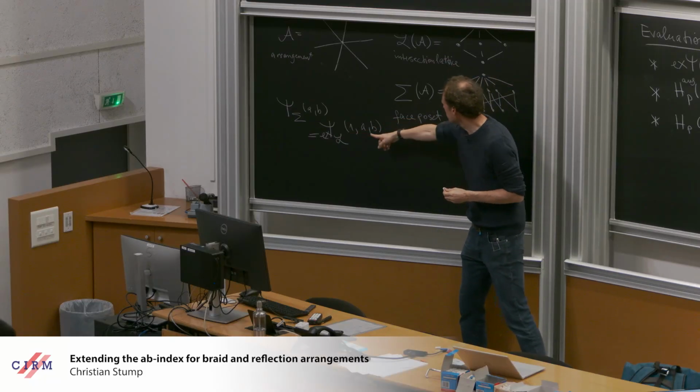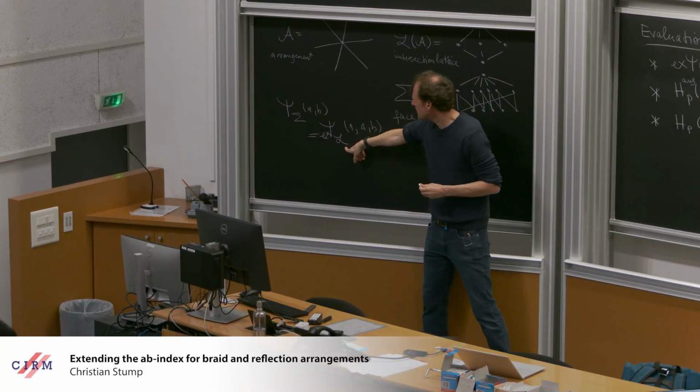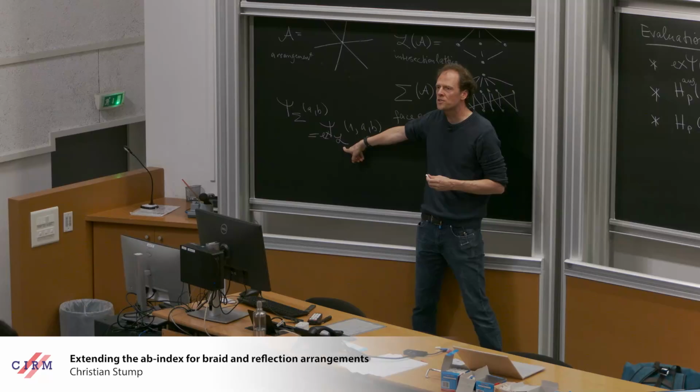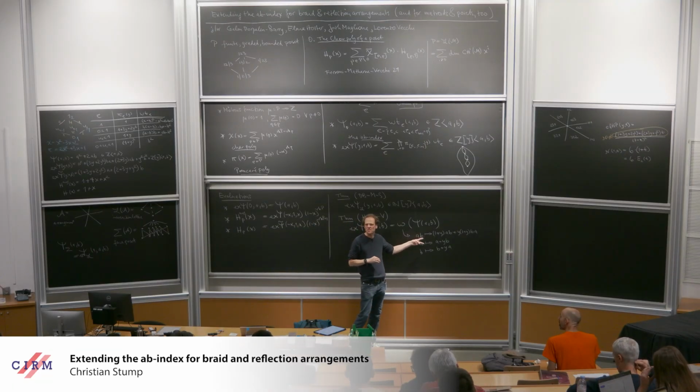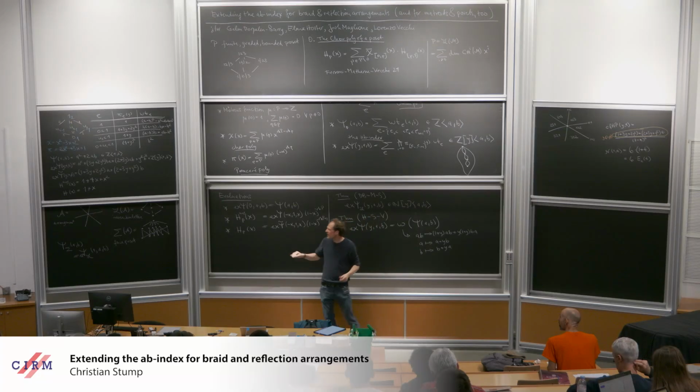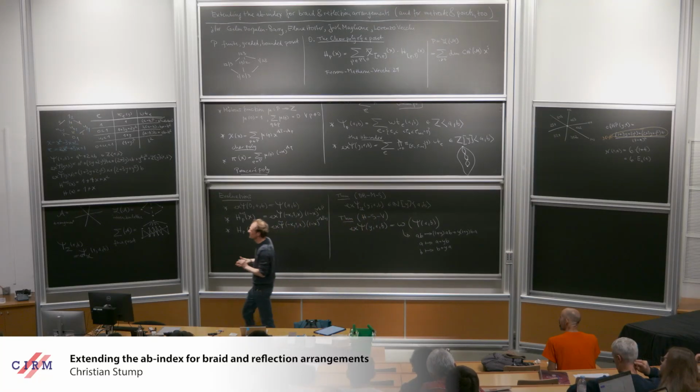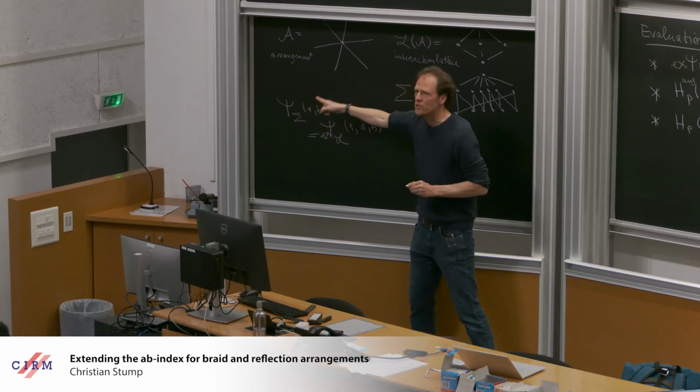So this connection between face poset and intersection poset is exactly the original motivation to get between AB index and CD index. So for y equal to 1, this operation is mimicking exactly this object.